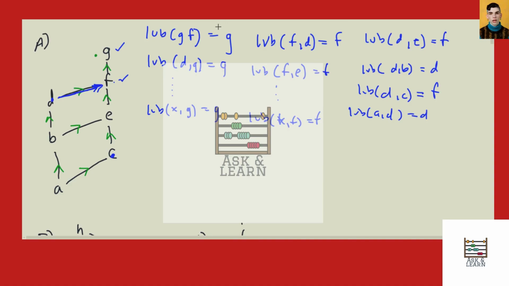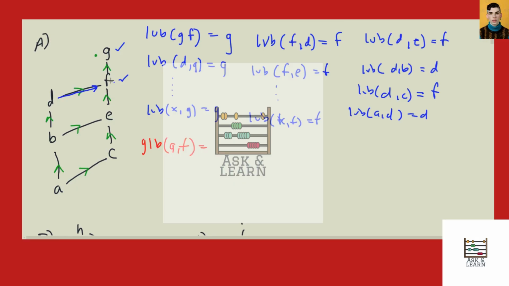All right, so now hopefully we don't need to draw these out, and we can think of a similar process for the greatest lower bounds. We'll do a couple by hand first though. So we want the greatest lower bound. Let's do G and F just for practice.